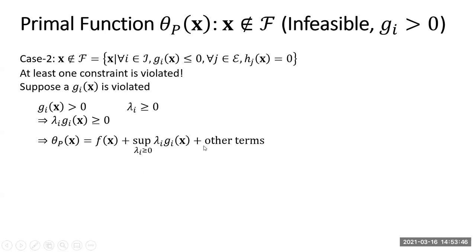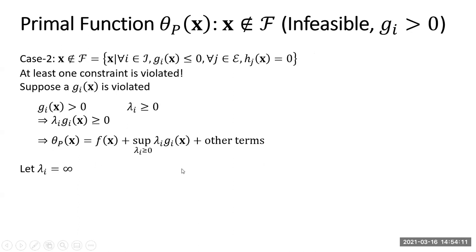Agreed? So if an inequality constraint is violated, then we can set the corresponding Lagrange multiplier lambda i to plus infinity. Lambda i's are always restricted to be greater than or equal to 0. So we set it to plus infinity, and so theta p of x becomes equal to infinity.